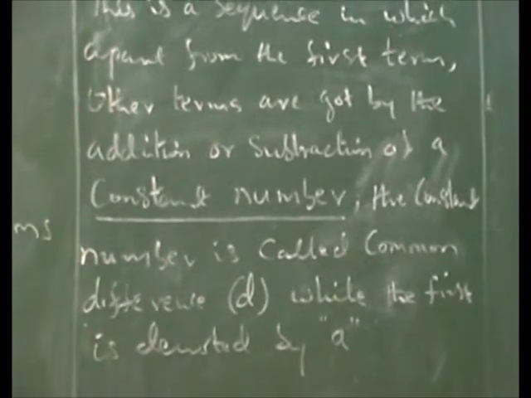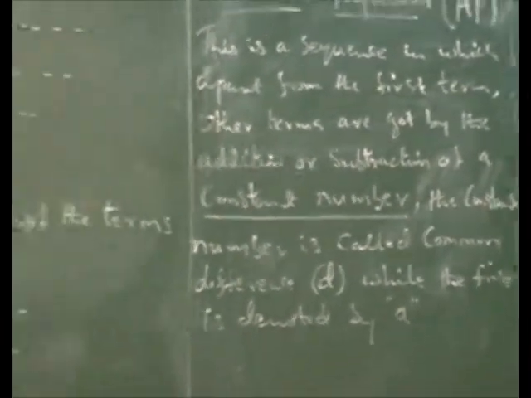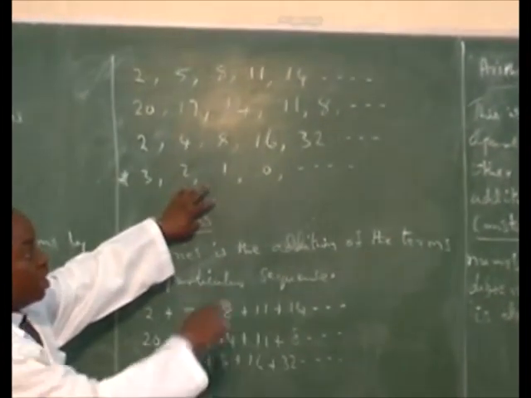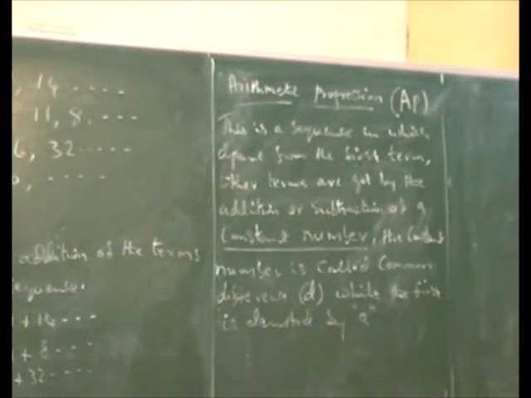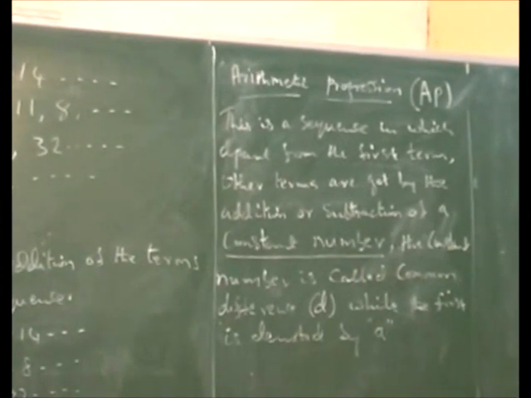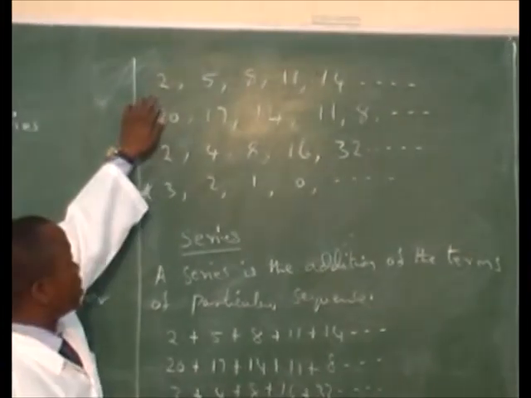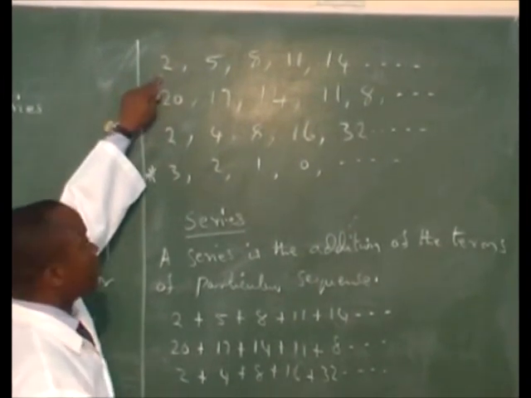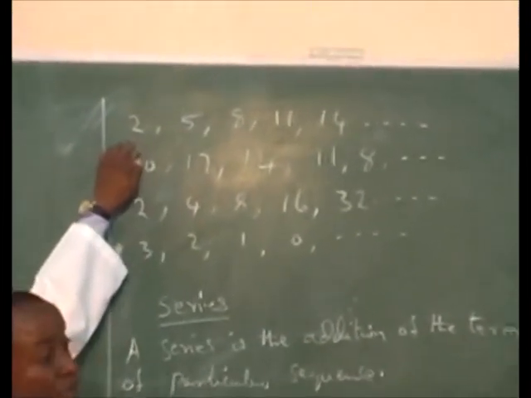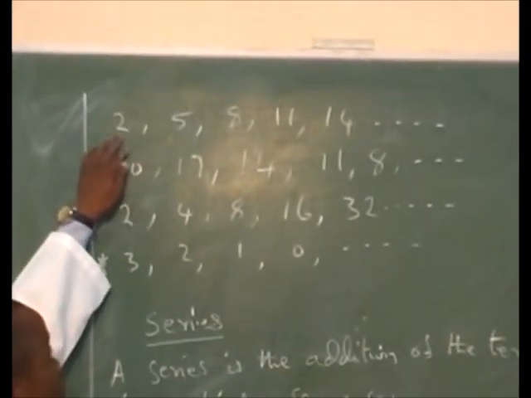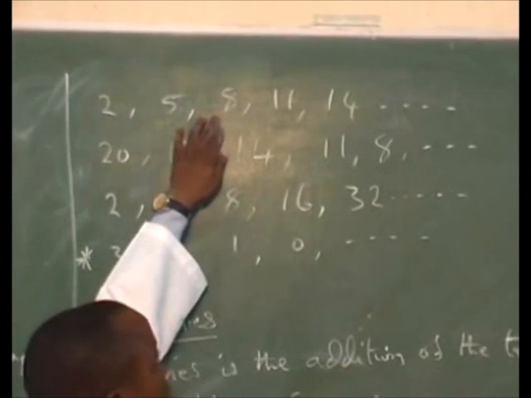Now, what am I trying to say? Let's look at this thing, and we also come back to our sequence, because we said this is a sequence in which, apart from the first term, other terms are got by the addition or subtraction of a constant number. Now look at that. So here, you see this sequence, we have 2, we have 5. For us to get 5, what do we have here? We add 3 to 2, so we get 5. We add 3 again to 5, we get 8. We add 3 to 8, we get 11.